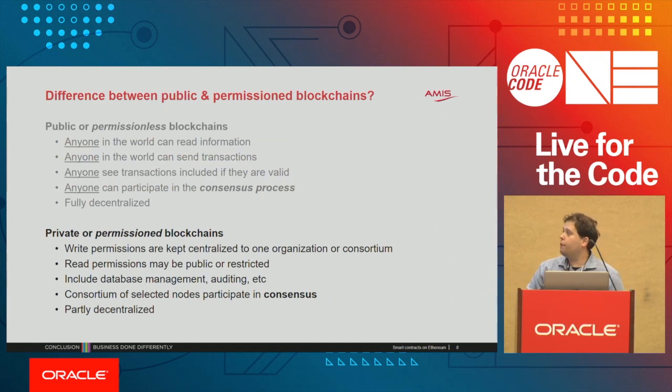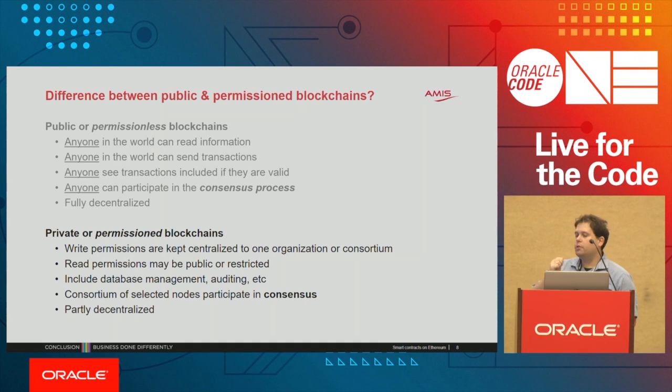On the other side, we have private and permissioned blockchains, where you would have write permissions, and they may be kept centralized to one organization or to a consortium that decides who gets access. That goes for read permissions too, and for who can execute which transactions and which functions on the smart contract, for example.